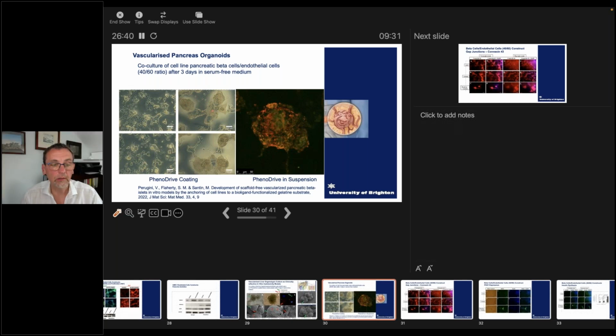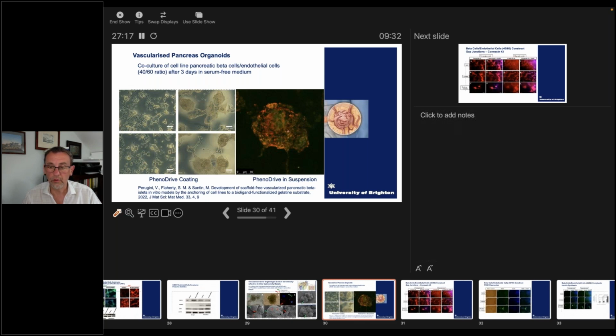But here we also published data where the two types of cells were mixed with PhenoDrive in suspension under rotary conditions. Obviously, in this case, PhenoDrive is not dissolved in ethanol, but in the tissue culture medium at a very low concentration, 0.1 weight/volume, and under normal rotary conditions, or, if you would like, we also tested it in a microgravity reactor.